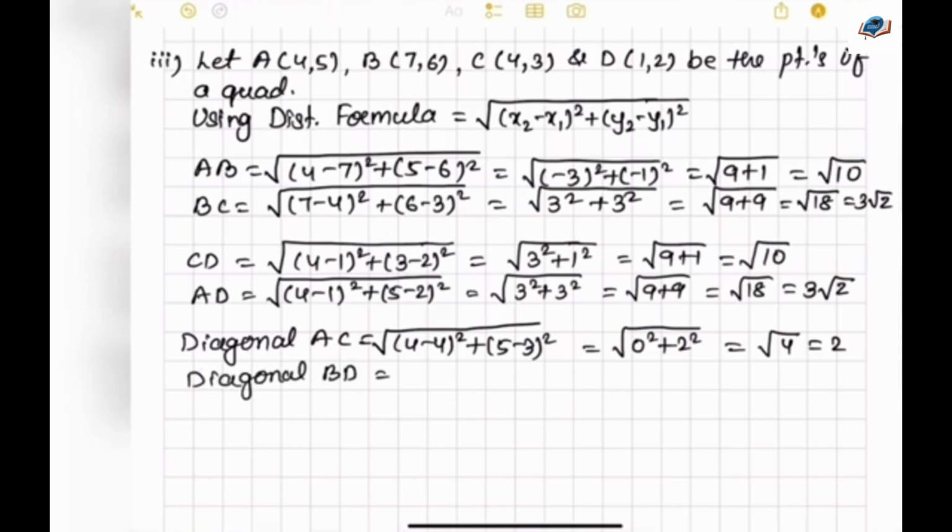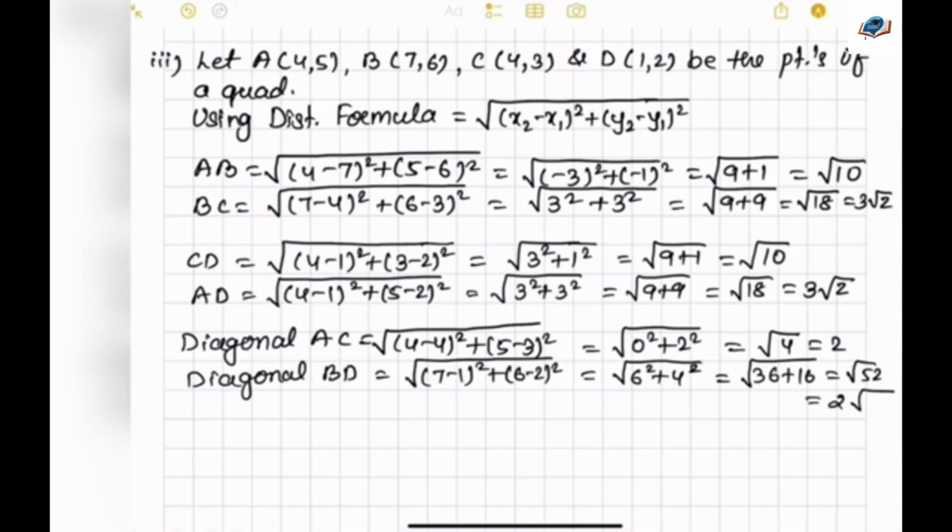And diagonal BD equal to (7 minus 1) whole square plus (6 minus 2) whole square. So that is 6 square plus 4 square. So that is root of 36 plus 16. So root 52. So that is 2 root 13.